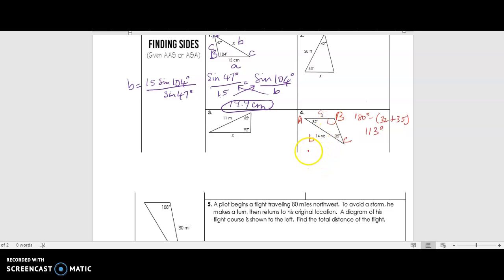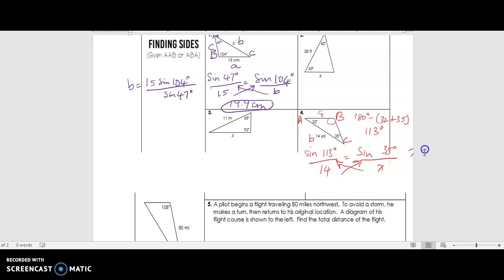So sine 113 over 14 yards equals sine 35 degrees over x. And you just cross multiply, just like we did in the previous example.